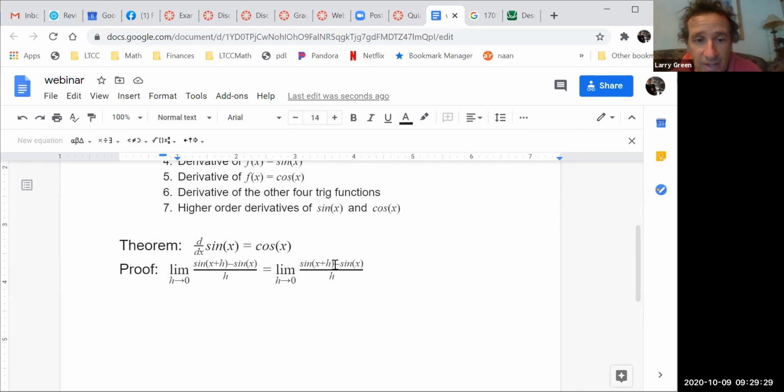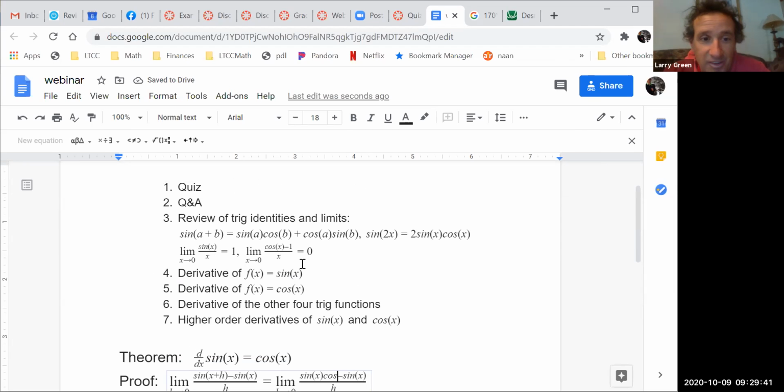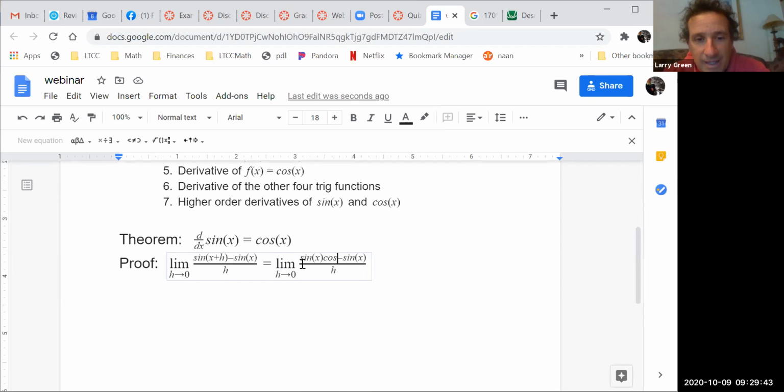We're going to turn that sine of x plus h into sine of x cosine. So again, it's sine of a cosine of b. So sine of x times cosine of h. And then plus cosine of x sine of h.